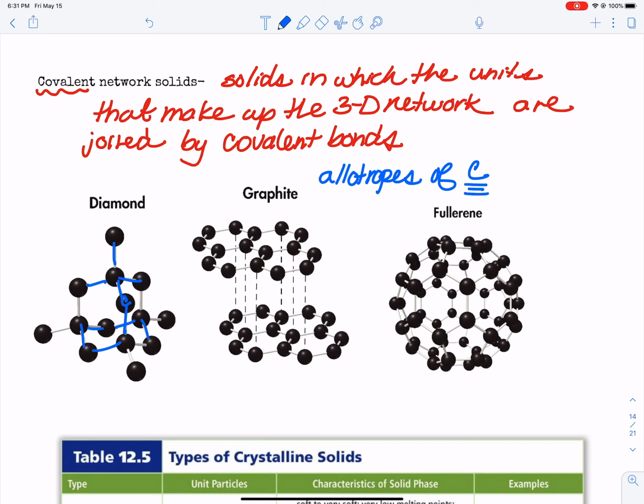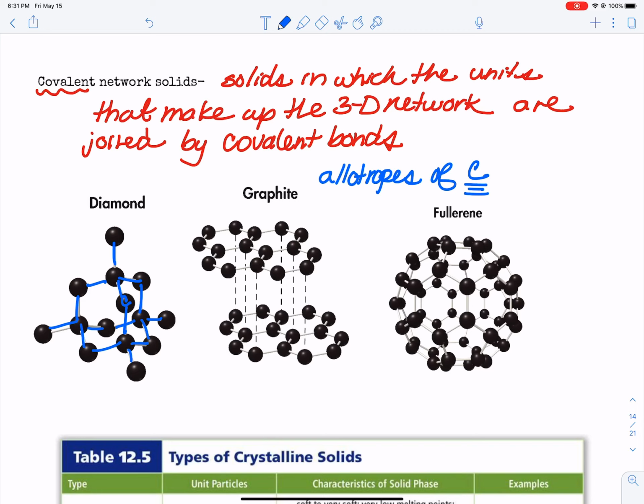And so you get this network where everything is bonded. And then in order to break up that network, you need to add an extreme amount of energy. So to melt a diamond, you need to raise its temperature incredibly high.